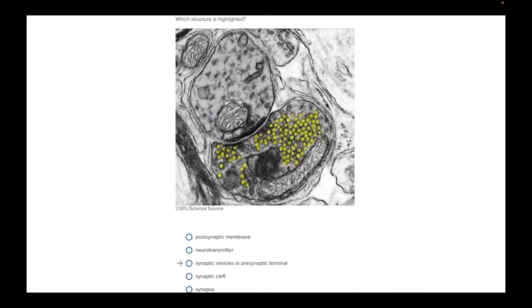Okay, so this right here is presynaptic. This right here is postsynaptic. So the presynaptic, this has all those little vesicles, remember? And then in between this little gap, the space between the two, that's the synaptic cleft.